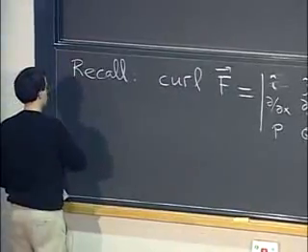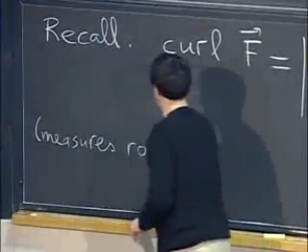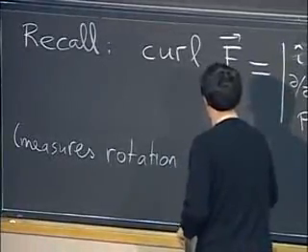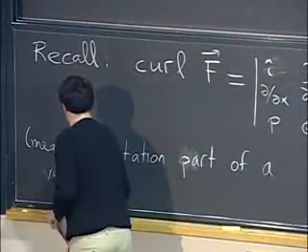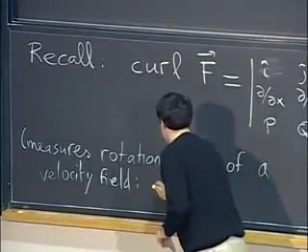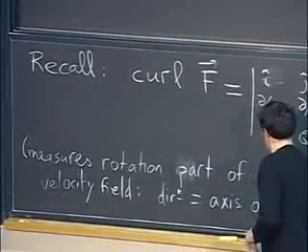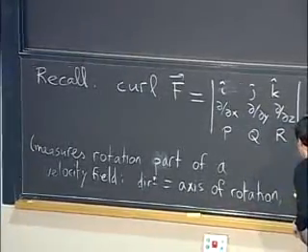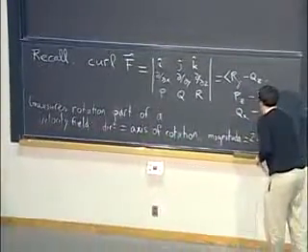It measures the rotation part of a velocity field. More precisely, the direction corresponds to the axis of rotation, and the magnitude corresponds to twice the angular velocity.